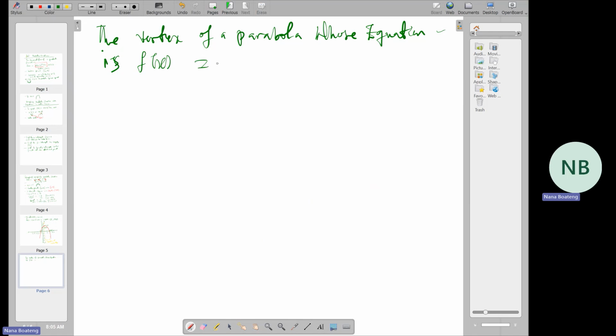Let's look at how we find the vertex of such functions and how we graph it.